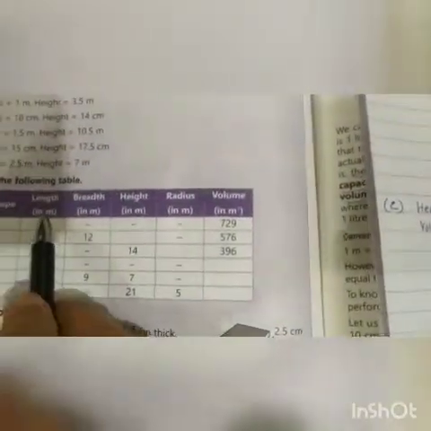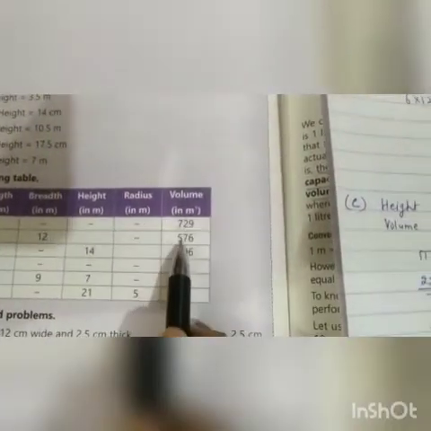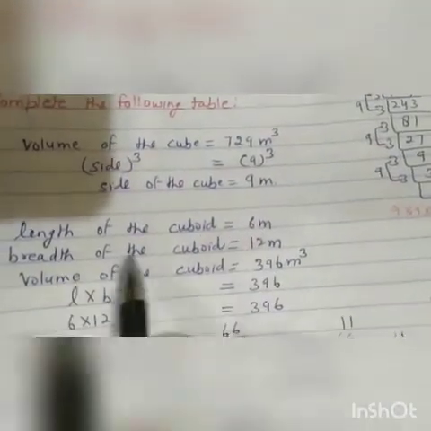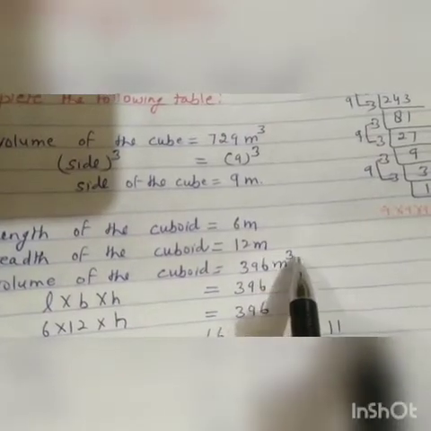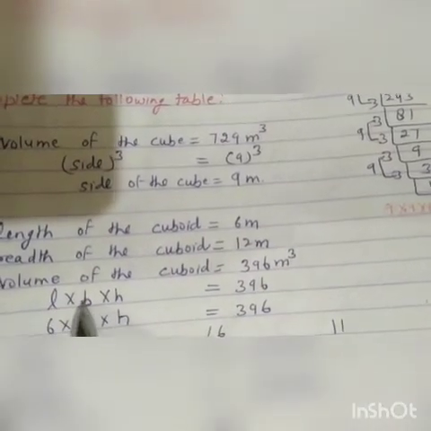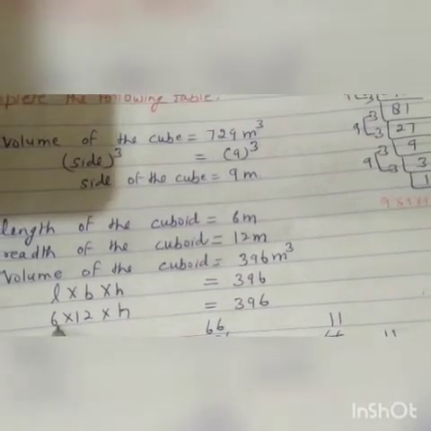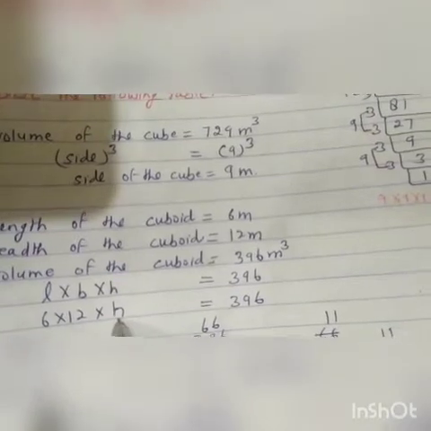Now come to B part. In B part, length of cuboid is given, breadth of cuboid is given, volume of cuboid is given. Length of cuboid 6 meter, breadth of cuboid 12 meter, volume of the cuboid is 396 cubic meter. L into B into H is equal to 396. L is 6 meter, B is 12, H we have to find out.